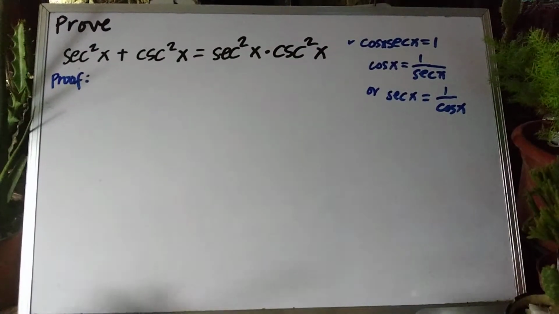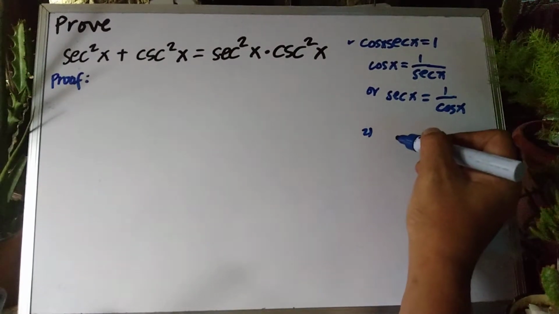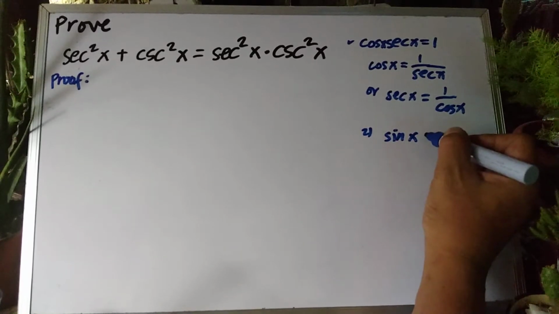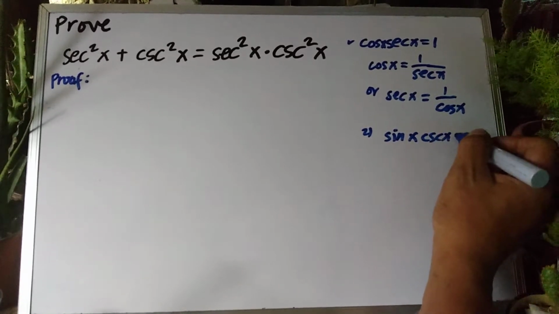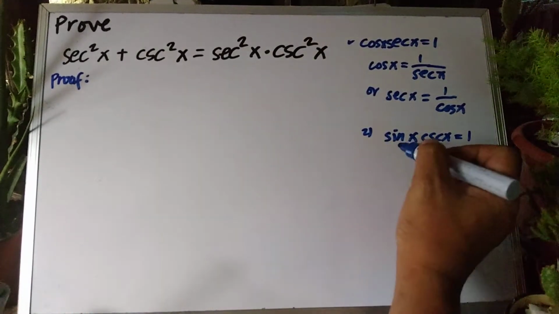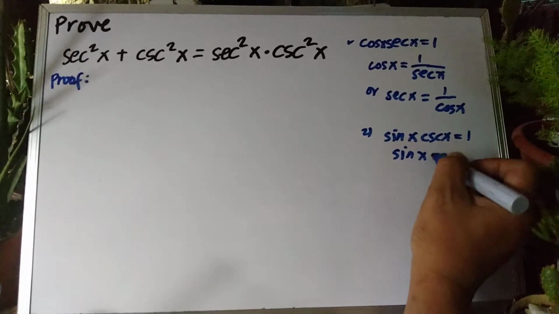Okay. Pangalawa, meron din tayong identity na sin x times cosecant x is equal to 1. Kung i-obtain natin si value ni sin x, i-divide natin yung both sides ng cosecant.